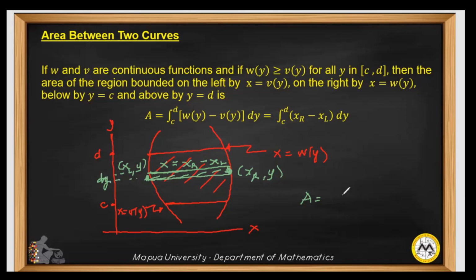Therefore, the area of the element is the quantity x right minus x left dy. And if we evaluate this from the lower limit c to the upper limit d, then that gives us the area of the region.